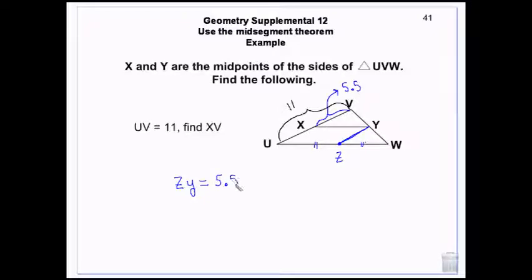Because this length is equal to half of this whole length, so it's also equal to this segment. So you end up with 1, 2, 3 sections that are all the same length. Do you see that? Because this will also be 5.5 here, and then this will also, so you have 1, 2, 3 that are all 5.5.